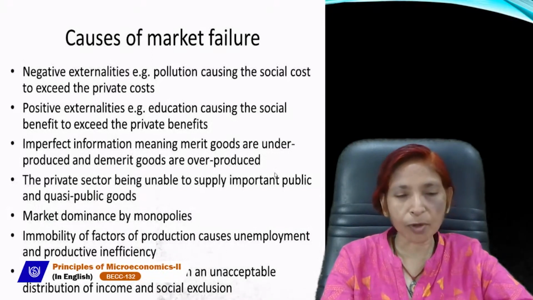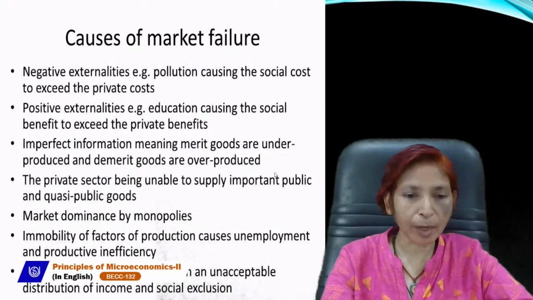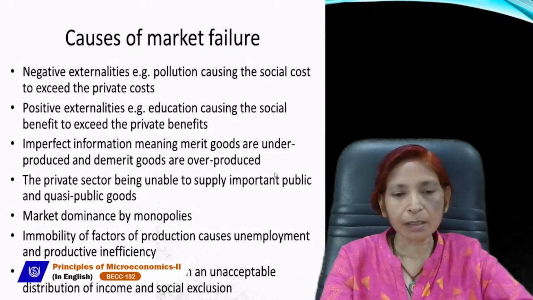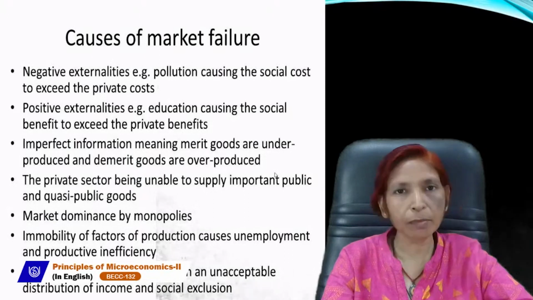So if the factors of production, which are four, like land, labor, capital, and entrepreneur, are immobile, then it will create an unemployment problem and a productive inefficiency problem. That is also the main cause of market failure.